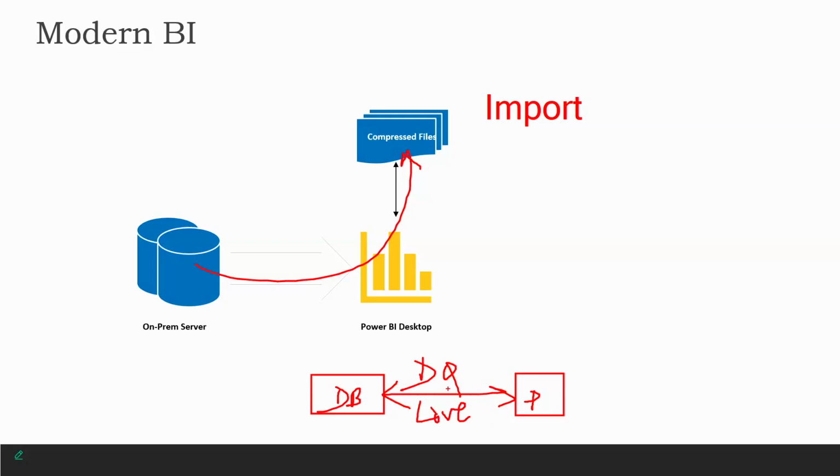So this is what we have, and direct query or live connection means the Power BI tool will look at the database as a live connection. Any deletion here will also be getting deleted immediately here. The changes will be reflected immediately on the other side. Any insertion here will also be getting inserted here. That is one. And the third one is any updates.